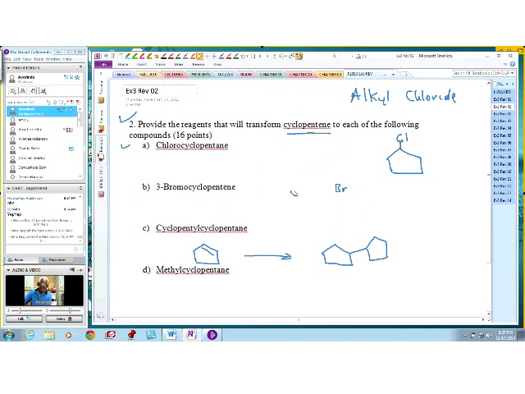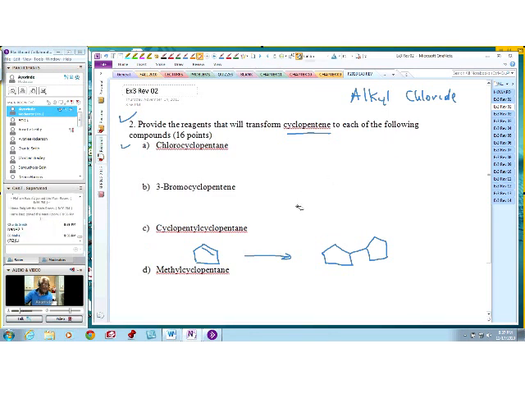How do we approach this? Yes, a Gilman reagent. Very good, that's excellent. You need to use the Gilman reagent, but before you do that, this is question C, a multi-step process.